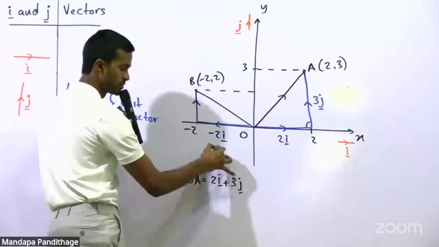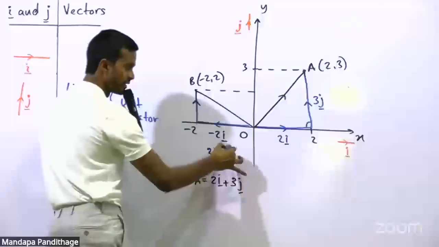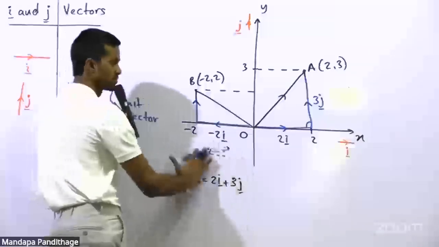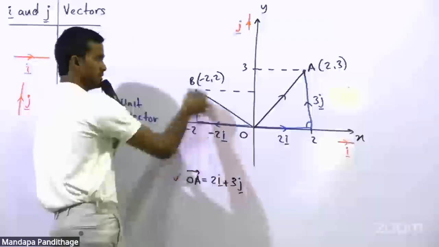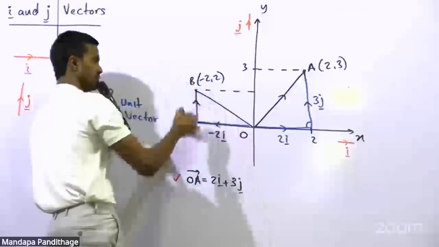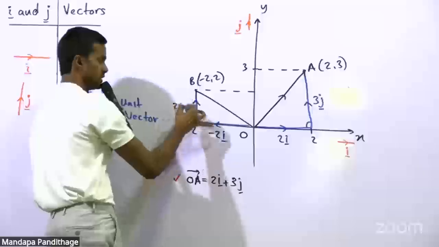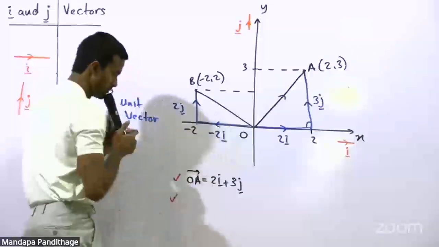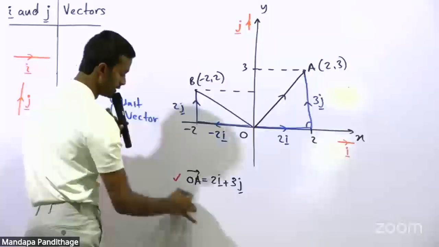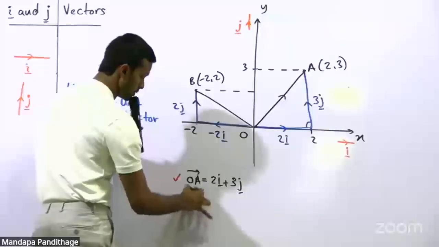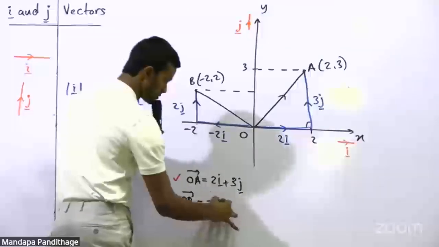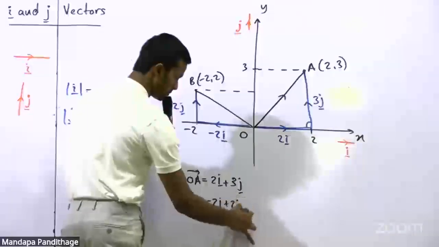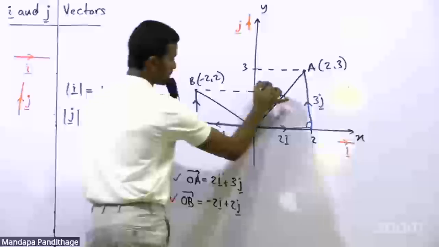The magnitude is 2, and the unit vector is minus I because it's the opposite vector. Here, same story. This is 2J. So you can write the position vector of B, it's equal to minus 2I plus 2J.